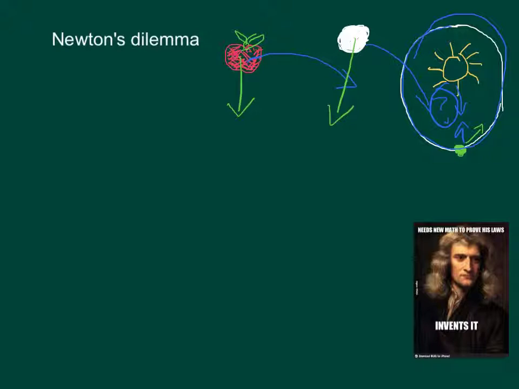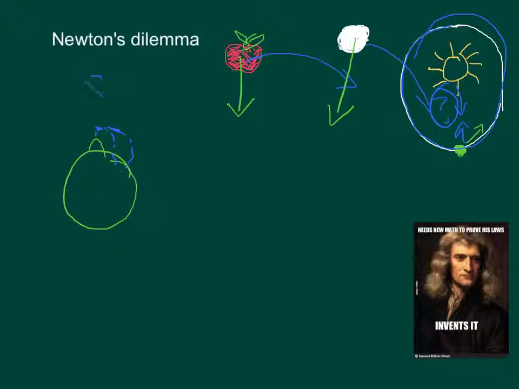In Newton's writing, there is a picture, something similar to this one, on which we have what we've come to name Newton's Mountain. And if we were to throw a ball from the top of Newton's Mountain, the force of gravity would cause it to fall down to the ground. If we were to throw it with a higher velocity, it would go further before it fell down to the ground.